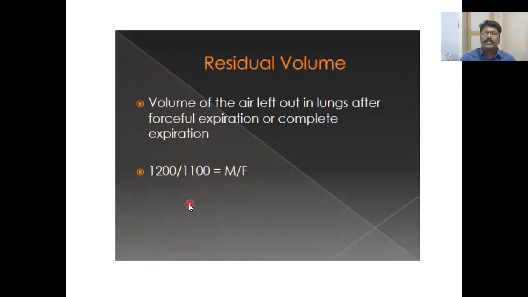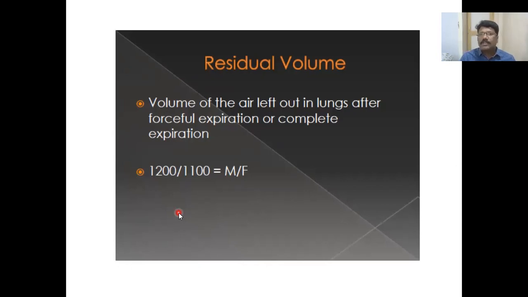So the next one is residual volume. Remember, we have discussed TV, IRV, and ERV. Now, the next one is residual volume. That means even after sending out the ERV, that means the expiratory reserve volume, that means forcible expiration after a tidal volume, still some amount of air will be there which cannot be sent out.